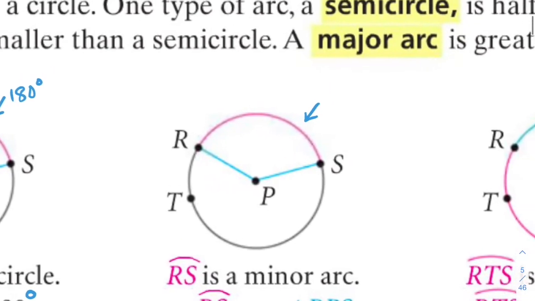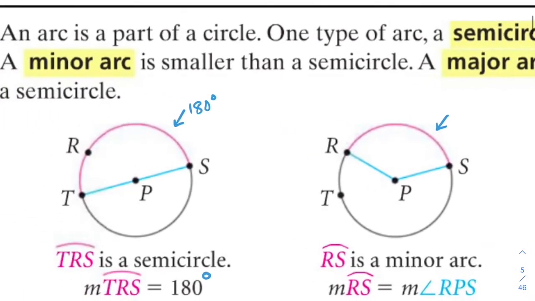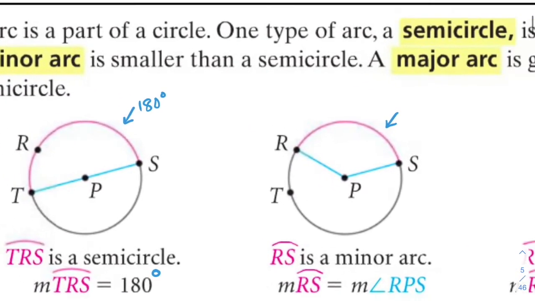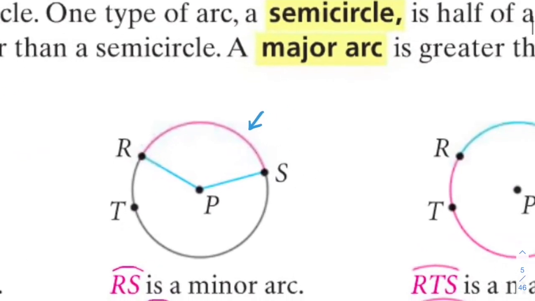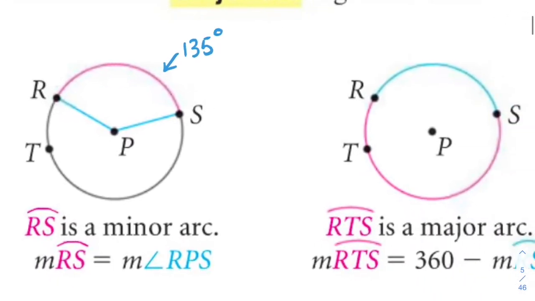RS here is a minor arc. The reason being is because minor arcs are less than 180 degrees. Okay, so it says a minor arc is smaller than a semicircle. We're going to say that it's less than 180 degrees. So in this case, I don't know what that is. Let's say it was 135 degrees. I'm approximating again.